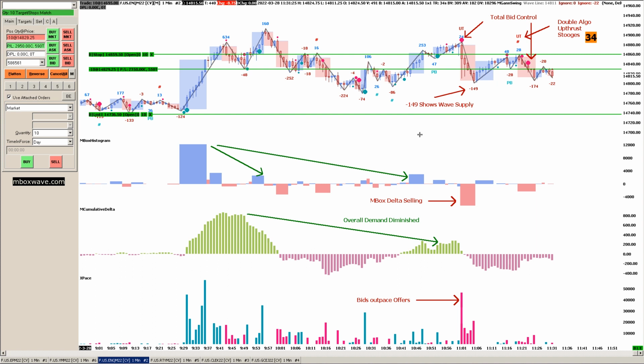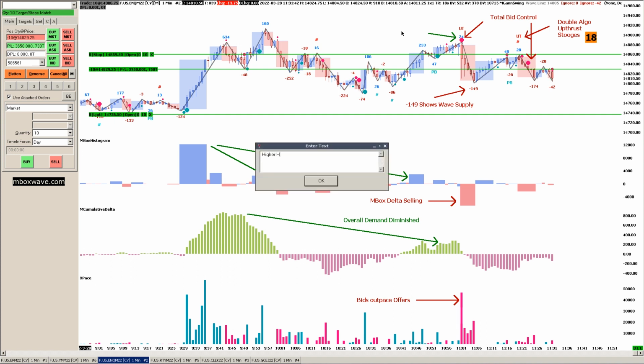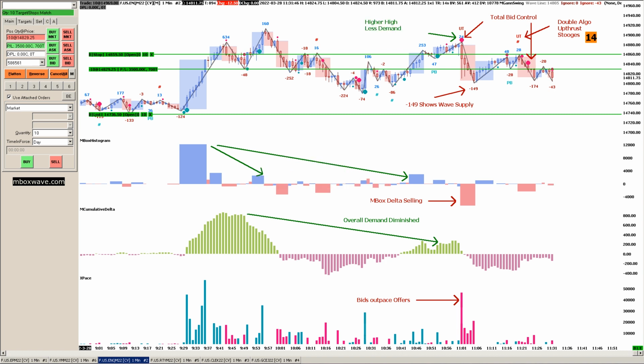All right, so at this point, see here, it looked like we had demand 253 goes to 224. So we have a higher high, less demand. That's a divergence. Higher high, less demand. That's the thing with precision delta.